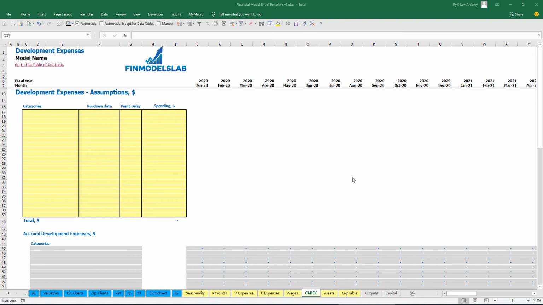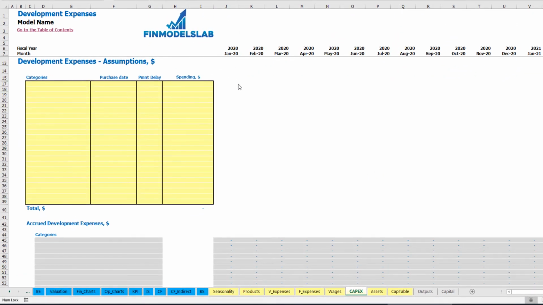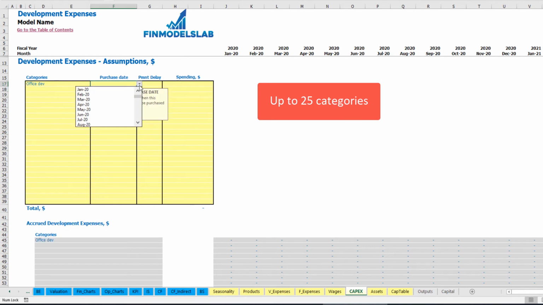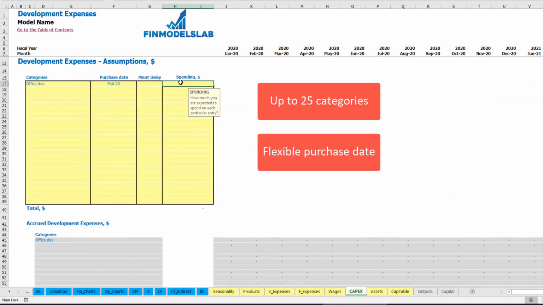On the CAPEX tab, you may input up to 20 development expenses categories. Let me give you a couple of examples. So, for example, office development with purchase date of February 20, with spending of $10,000. And you also can input payment delay.